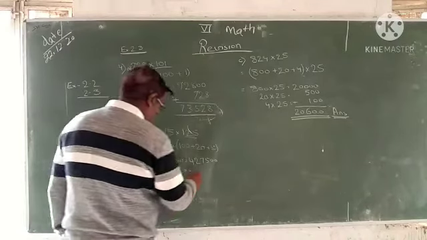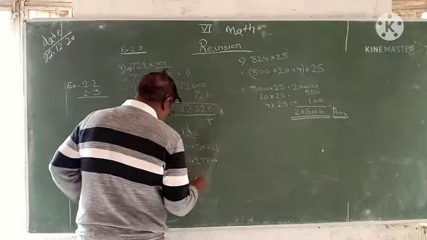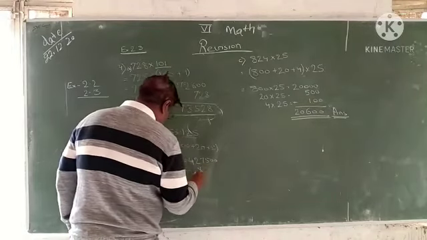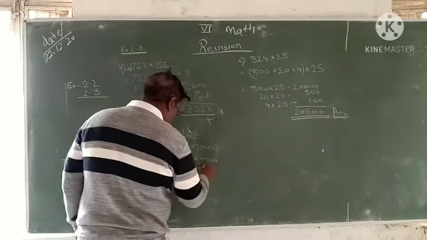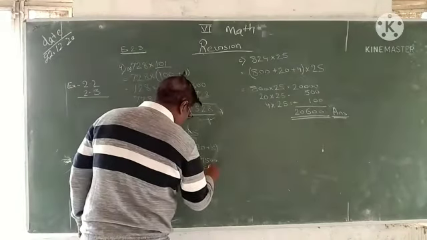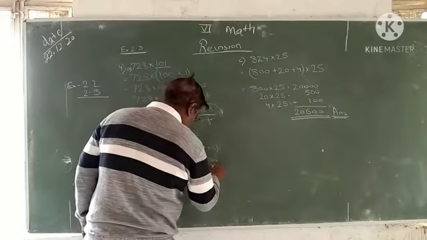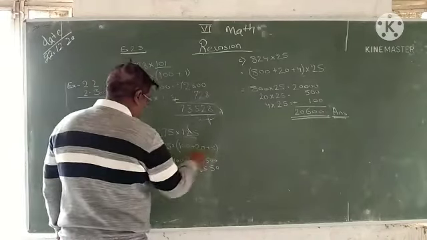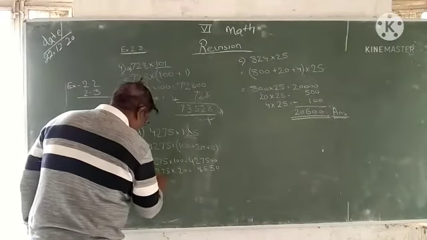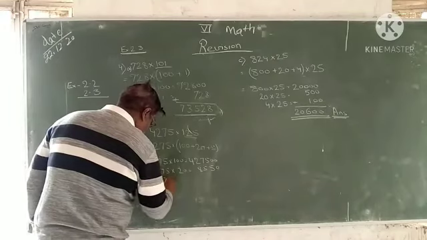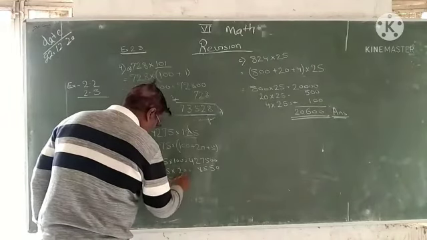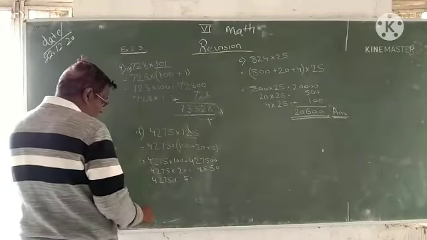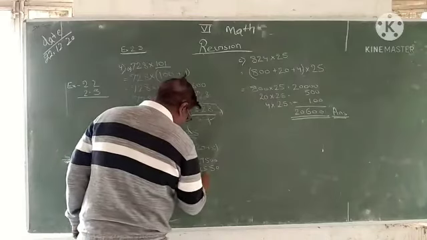It will come as 85,500. And lastly, 5 into 4275 will come as 21,375.